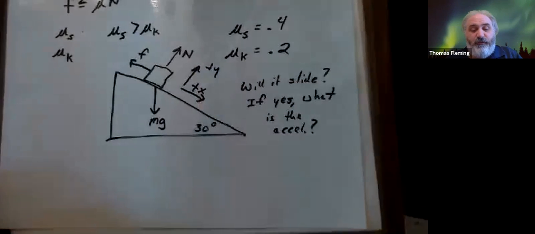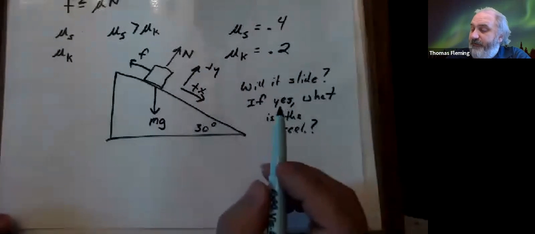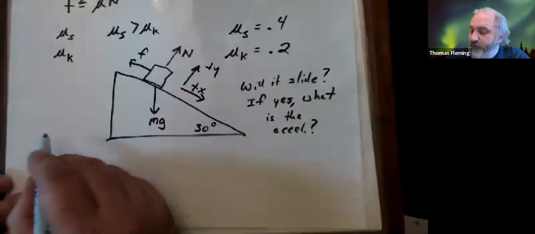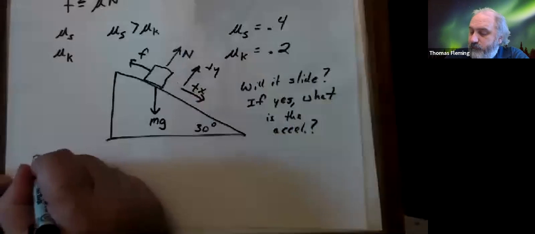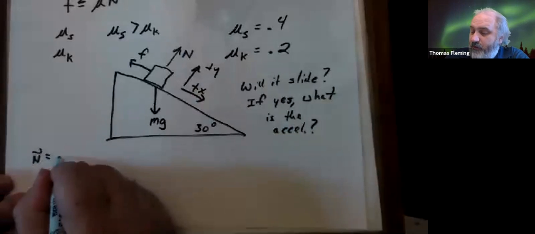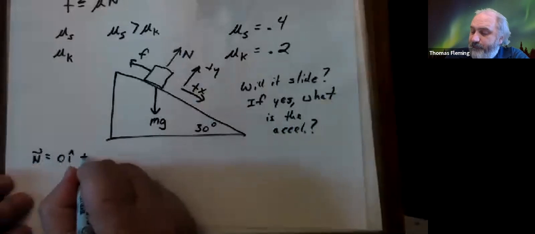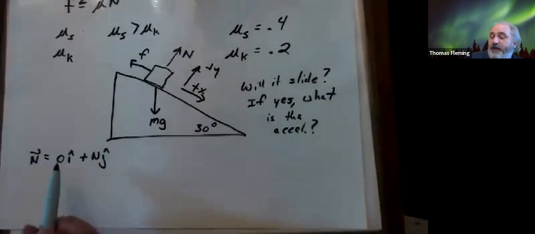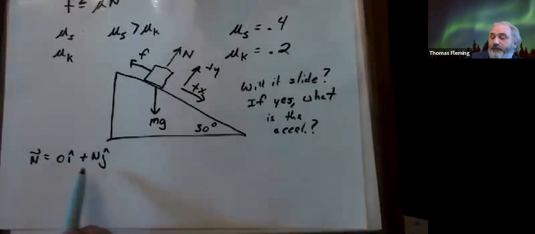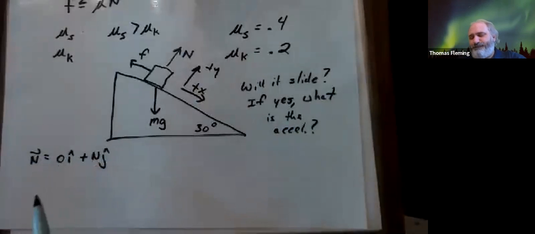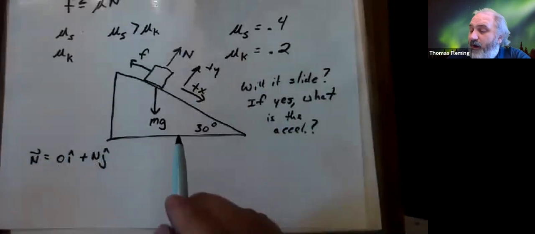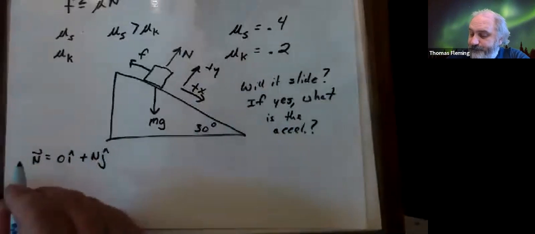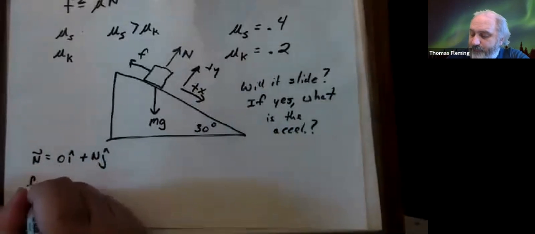Now, if I do that, then what's going to happen is when I break down the normal force into components, that's pretty easy. It's all going to be in the positive y direction. So it'll have a 0 i hat component, but a positive j hat component. Meanwhile, the friction, well, that's pretty easy as well.